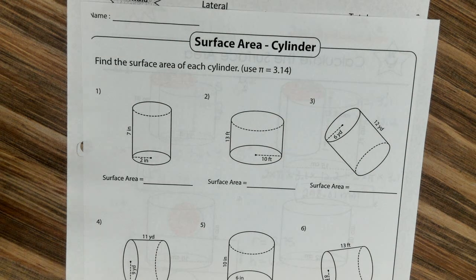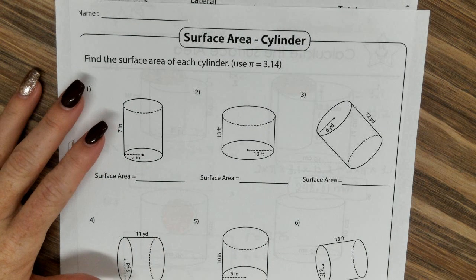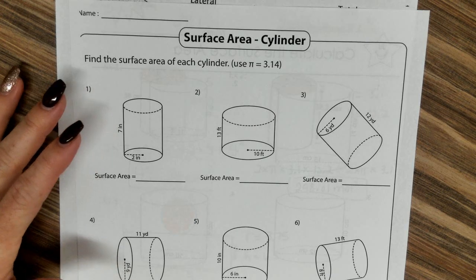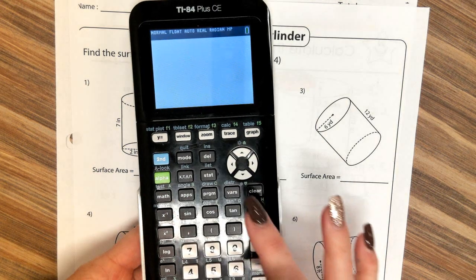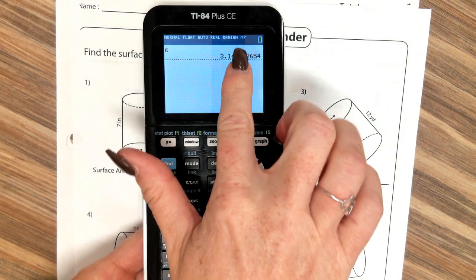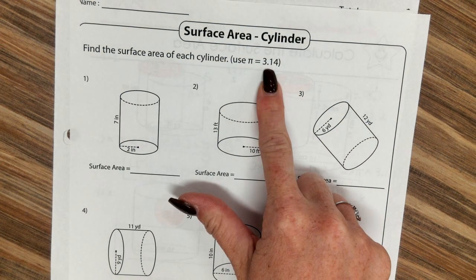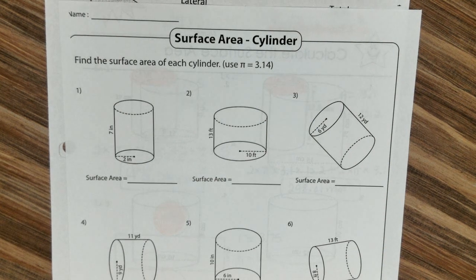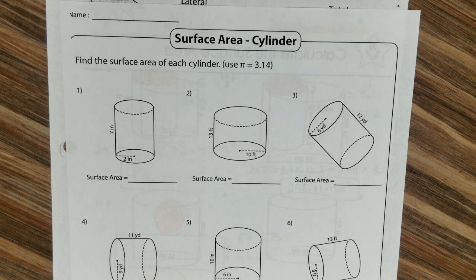You use 3.14. But for today, we're all going to use our pi button. Yes? The pi button is more accurate. If I hit pi enter, it's 3.141592654, where this is rounded. So they just rounded it, okay? It's the same number, but the pi button's more accurate.